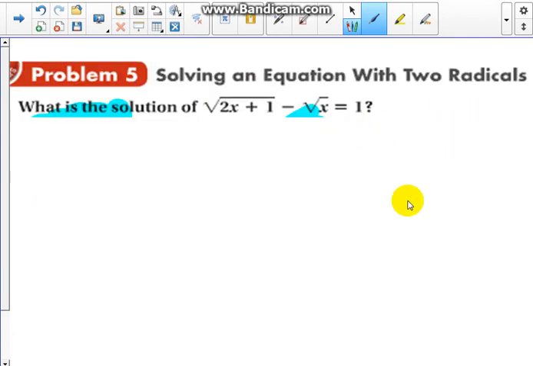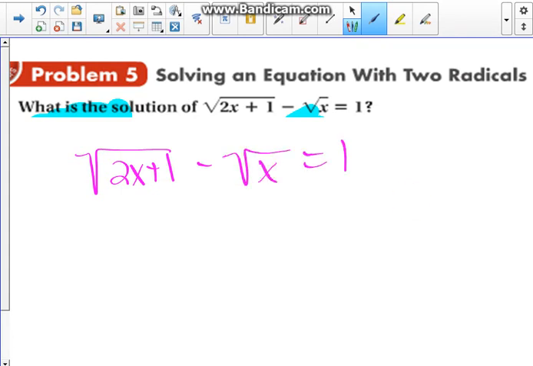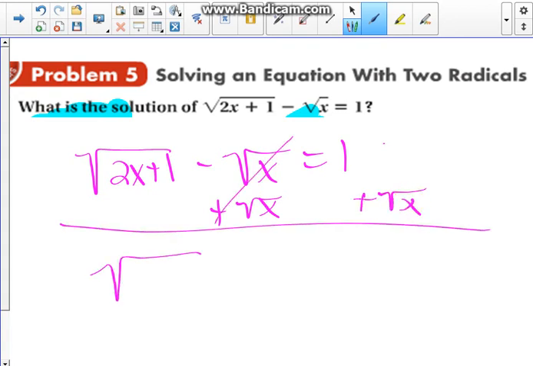Okay, our last problem is what is the solution of radical 2x plus 1 minus radical x equals 1? So you want to keep the most complex term isolated. So that means I'm going to add radical x to each side and get rid of that. Okay, that leaves us with radical 2x plus 1 equals radical x plus 1.